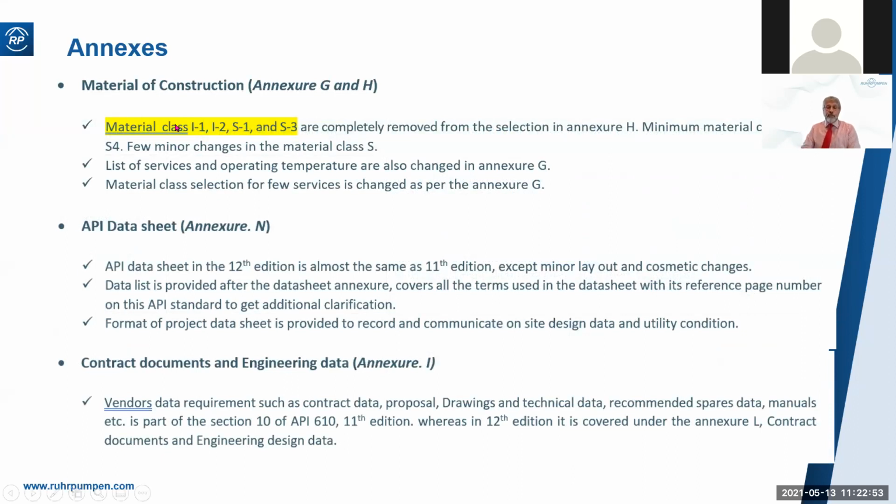Cast iron has been removed from the materials of construction. This will impact mainly utility water pumps, either making them a lot more expensive or having specifiers remove them from API pumps. S5 is now the minimum standard for water service. Again, I'll be interested to see what you people think about this in the Q&A.